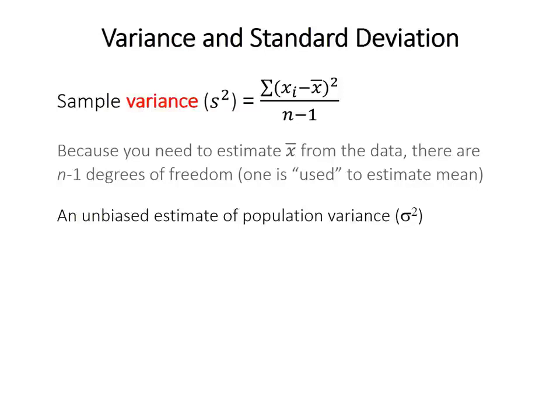We've used one of them to estimate the sample mean from the data itself. And so the sample variance, s squared, is an unbiased estimate of the population variance, which is sigma squared. And unbiased just means that there's no tendency, it's not going to be high or low. It's not going to be perfect, but it's not going to be biased or deliberately in a higher or a smaller direction from the population value.